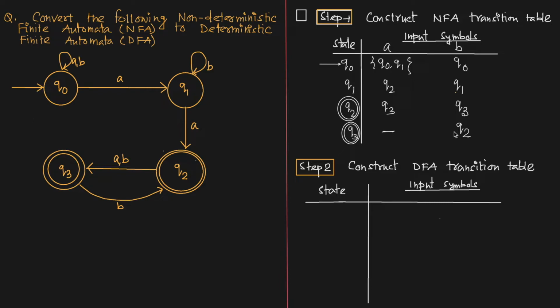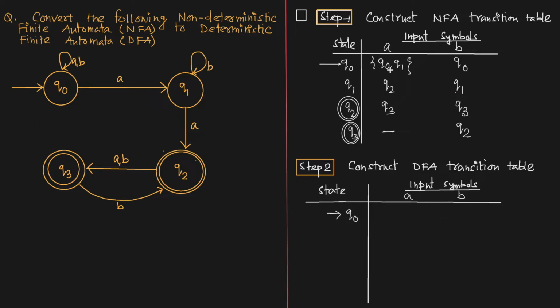Now we construct the DFA transition table. Here the initial state is Q0 and the input symbols are A and B. We know that the DFA table cannot have multiple states.